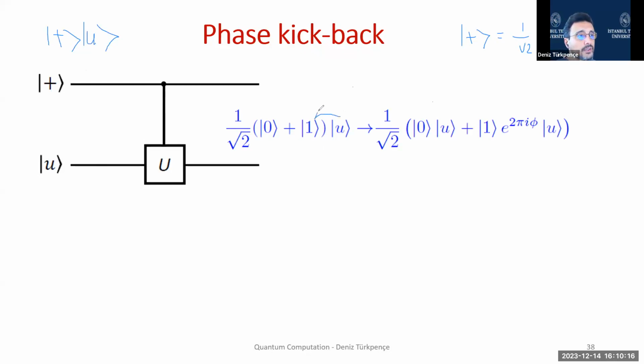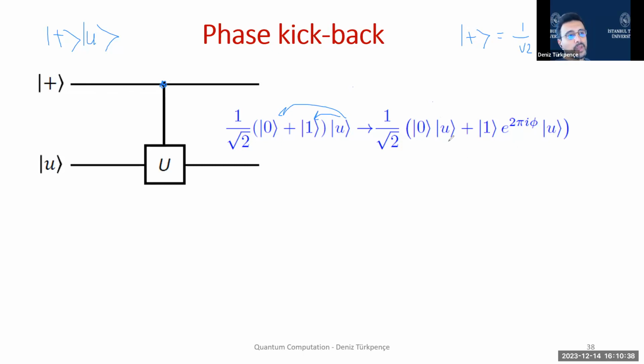And of course, I can distribute this U in this order, and what I obtain is this. Here, there is the control operation, which means that if the first qubit is in state 1, apply the U operation.